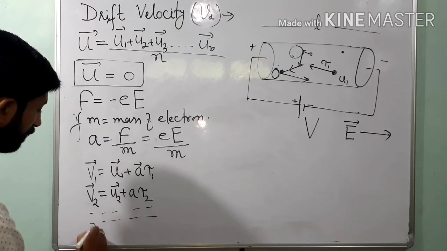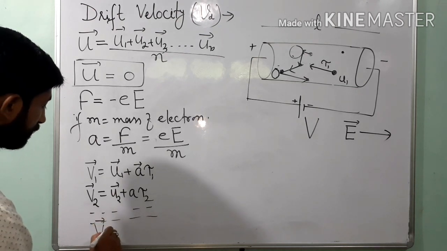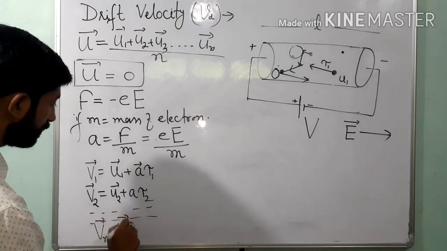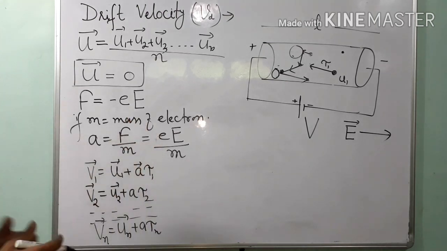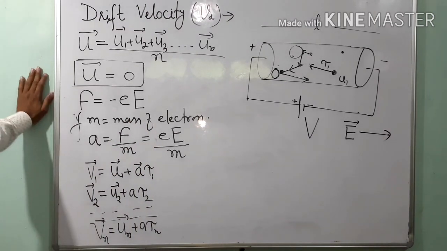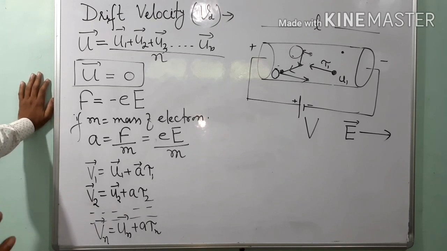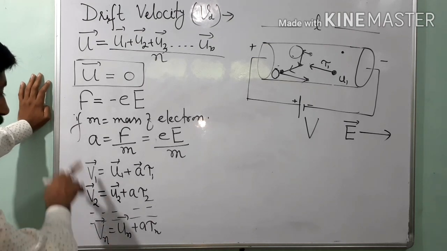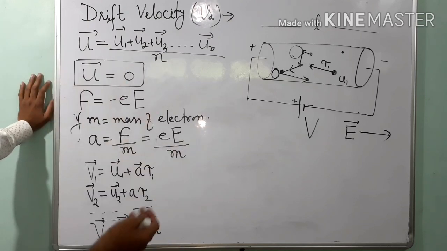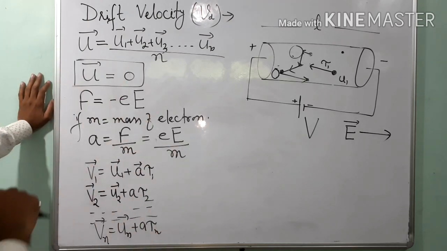We get the velocity of the nth electron: initial velocity un plus a tau n. Clear? This should be very clear, otherwise we cannot move ahead. So this is the velocity acquired by every electron before their next collision.